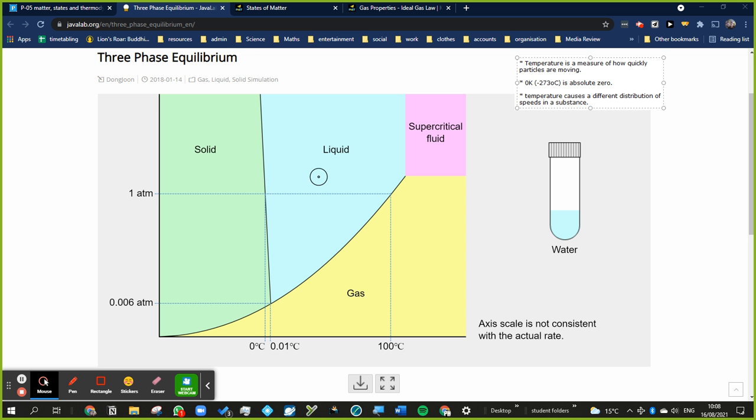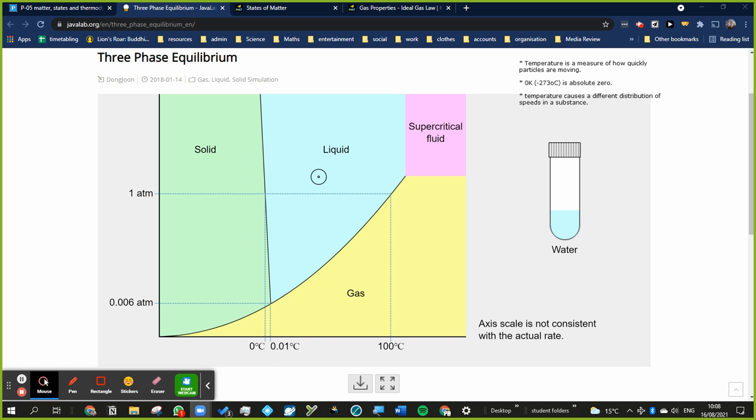Now this one is looking at how boiling or evaporating or freezing or cooling can have different points, different temperatures. So in other words, if we have a look on the bottom, this is temperature, right?